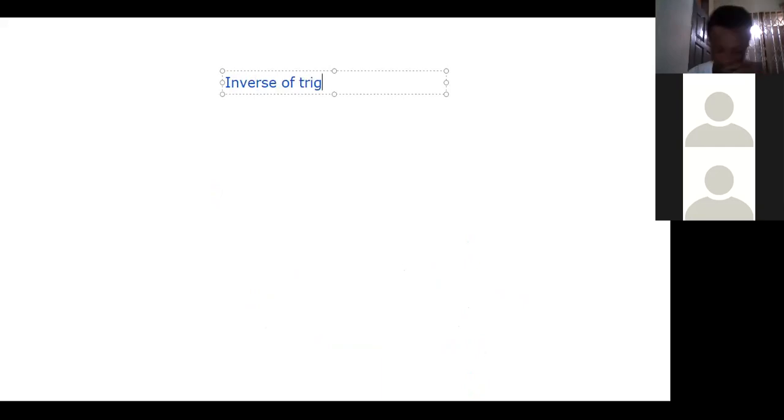So for instance, when you are given tan x is equal to maybe 0.5437, and the question says find x, that is why we use the tan inverse. So here I'm going to use tan inverse.